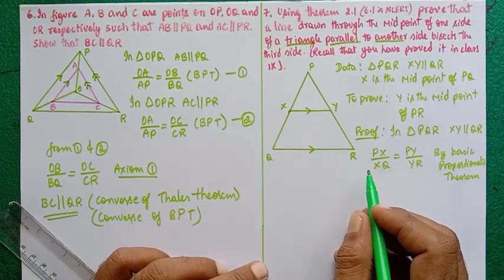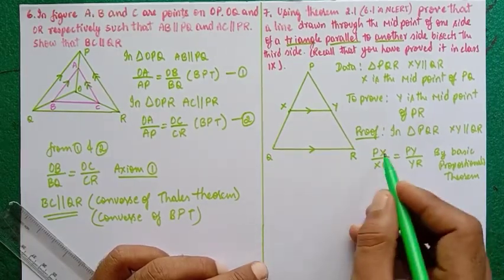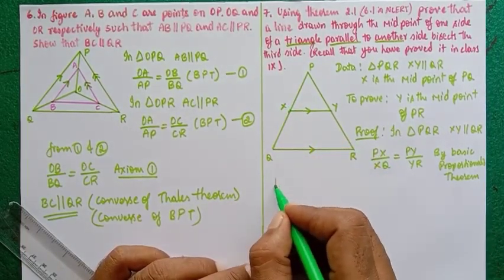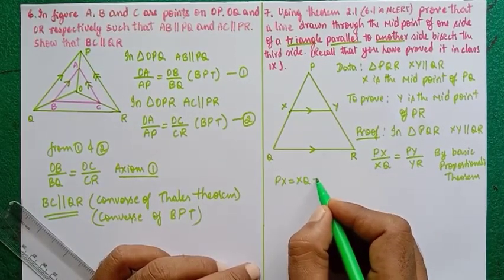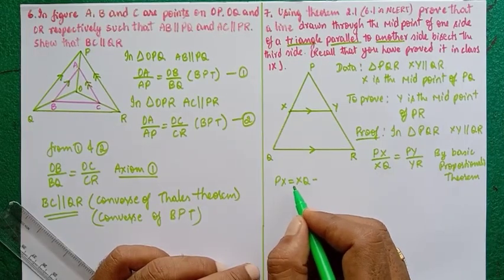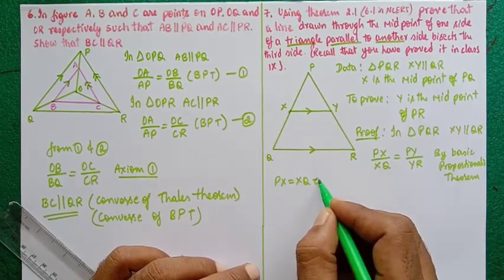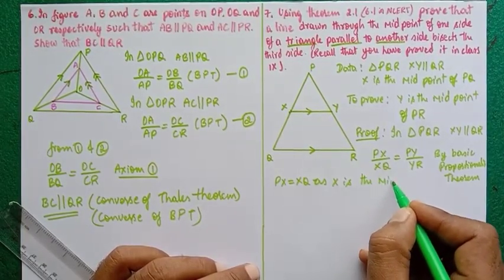Here PX is equal to XQ, as X is the midpoint.